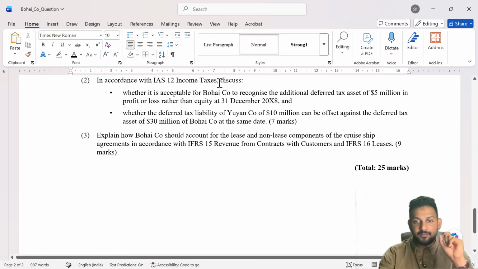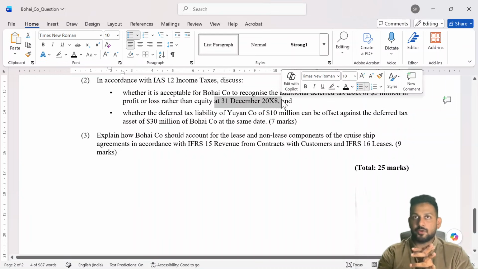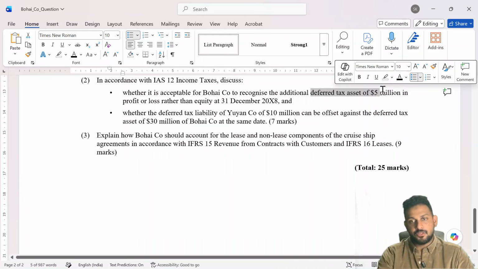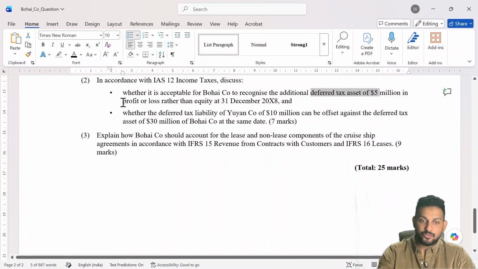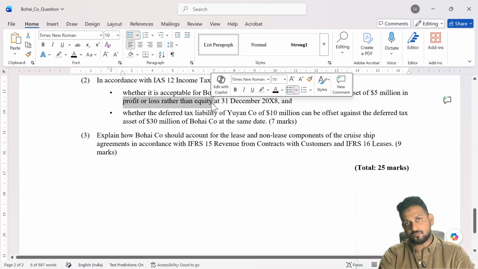The requirement is, as per IAS 12, discuss whether it is acceptable for Bohai company to recognize the additional deferred tax asset of 5 million in SOPL rather than equity at the year end. They're asking whether the deferred tax asset of 5 million should be recognized under SOPL or directly to equity.